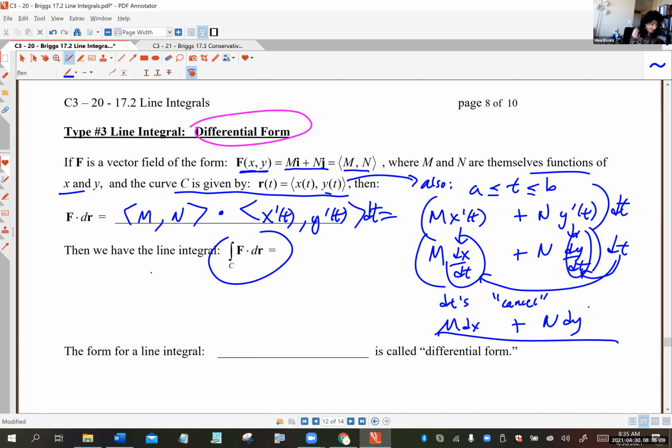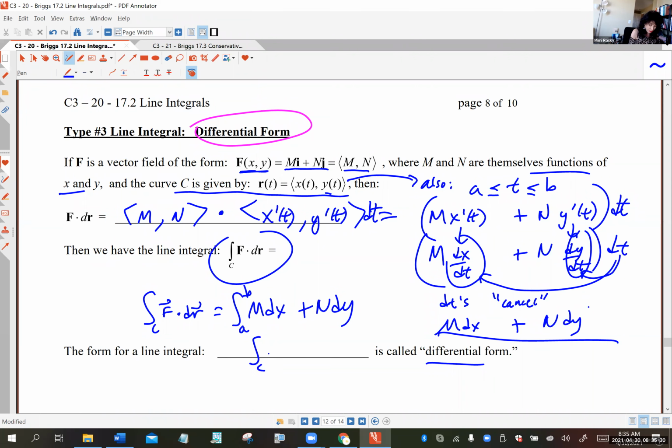So then this line integral here, this F dot dr line integral, after somebody did the dot product for you, it's going to look like M dx plus N dy. And so if you're given a line integral with that kind of flavor, it's called differential form.